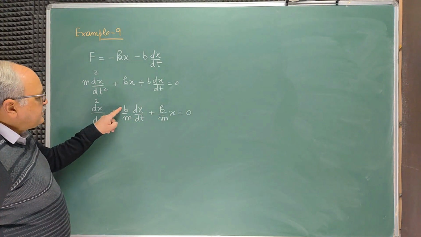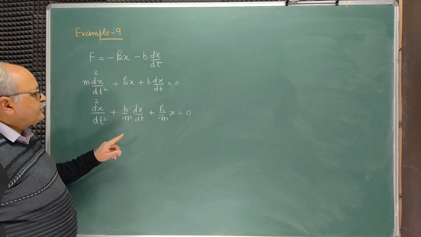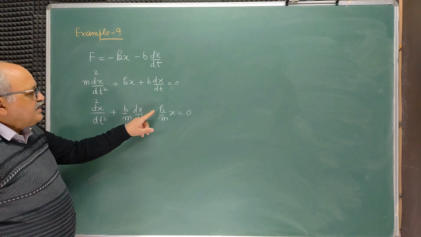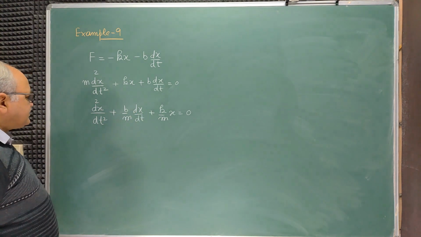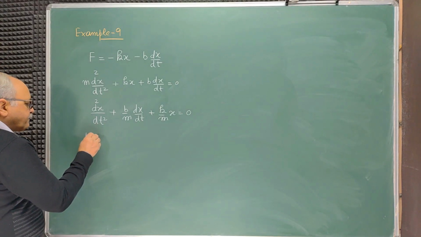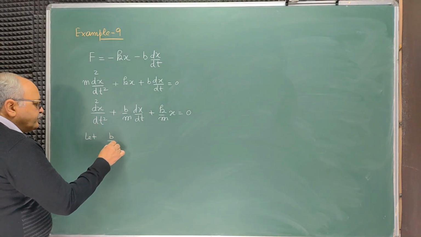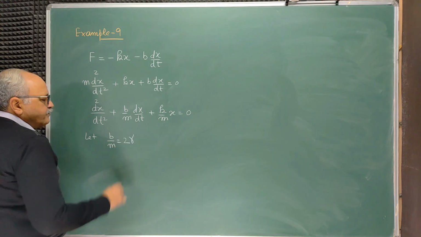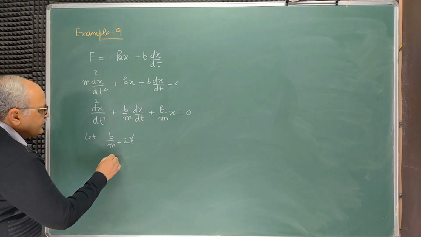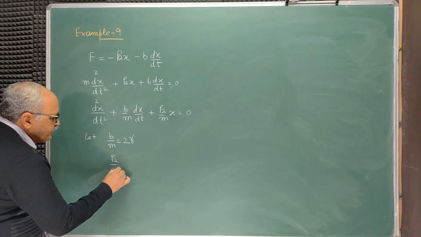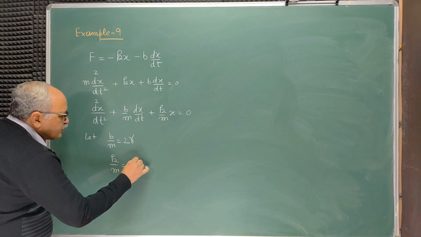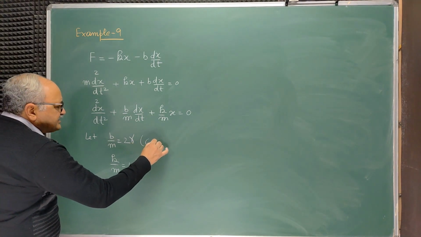Since b the damping constant, m the mass, and k the force constant are constants, let b/m be taken as 2 gamma and k/m equal to omega 0 squared.